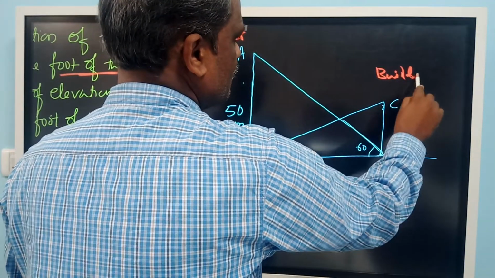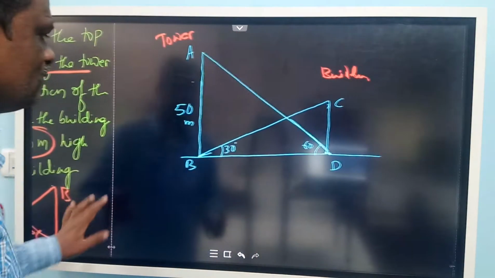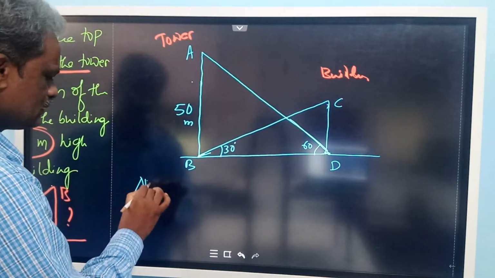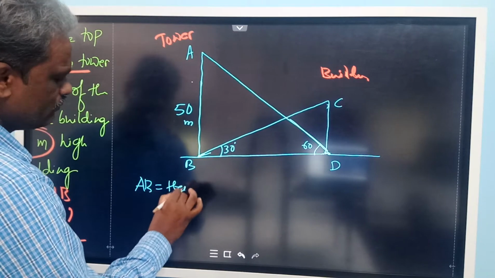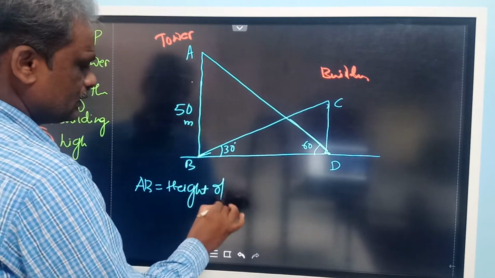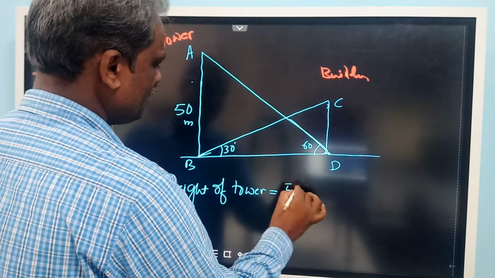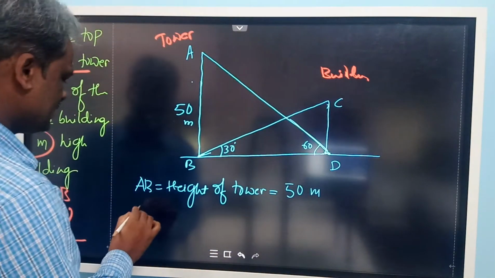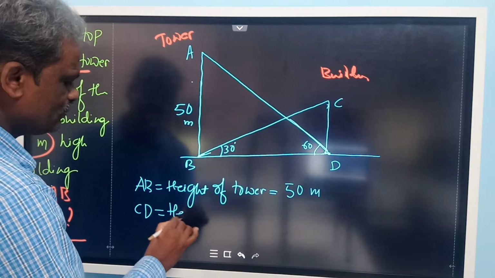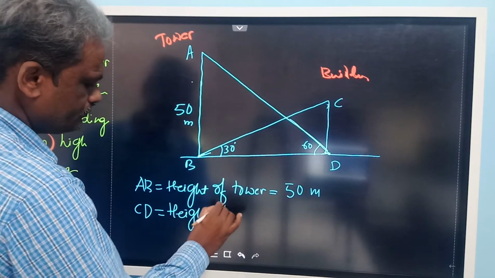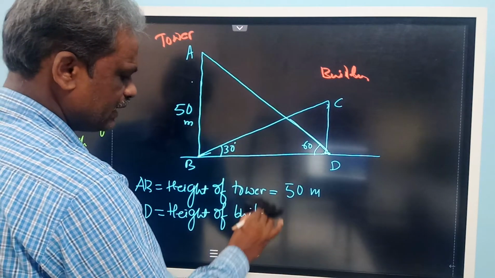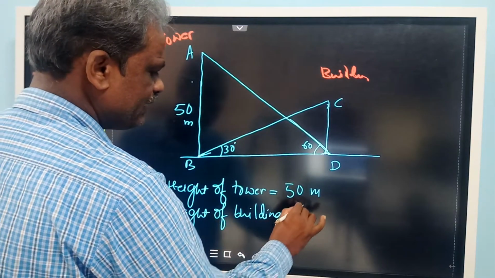Then let us write the information. AB is equal to height of the tower, that is 50 meters. CD is equal to height of building, which we need to find out. You can write it as H meters.